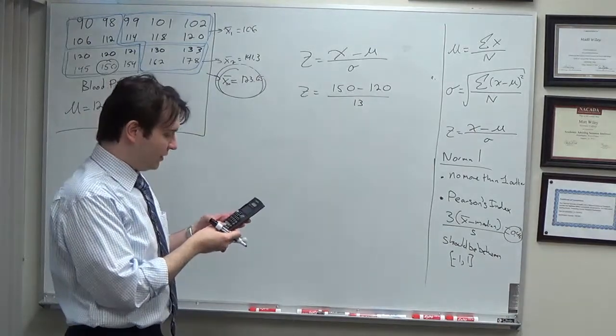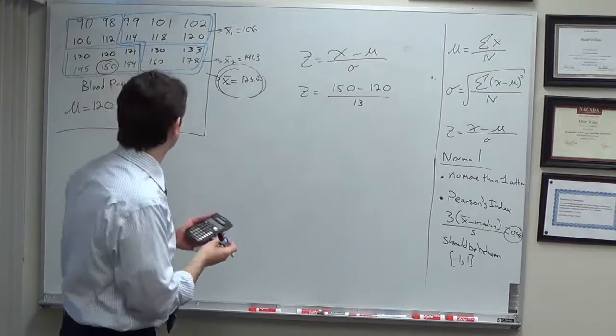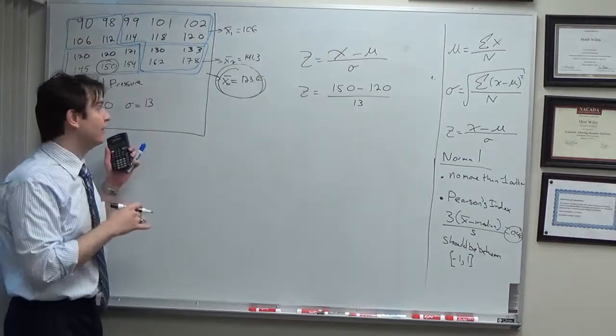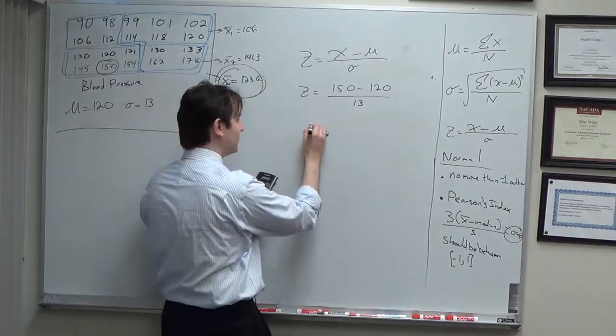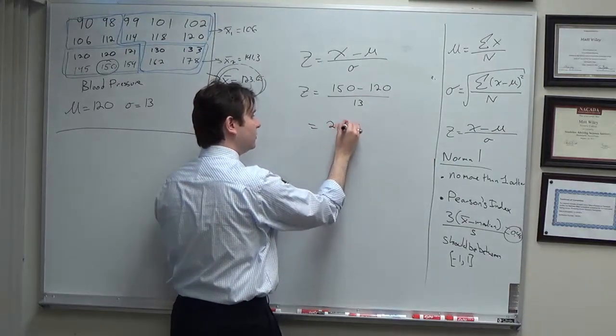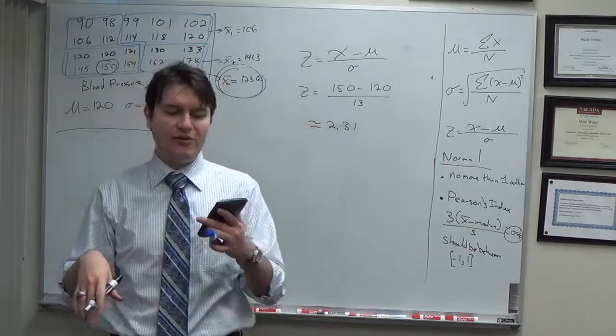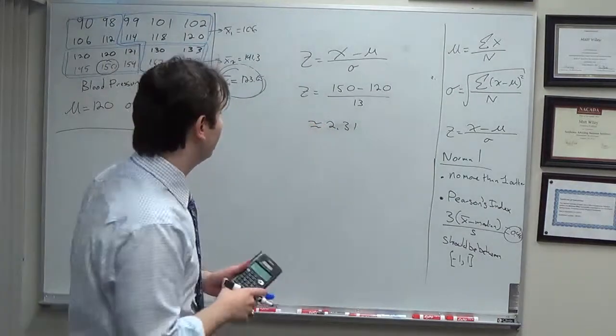And I have 150 minus 120 divided by 13. Since we do happen to have the population stuff that I'm giving you, I'm getting 2.31. I'll write this wiggly equals sign because I got 2.30769 and I'm rounding it to 2 decimal places.